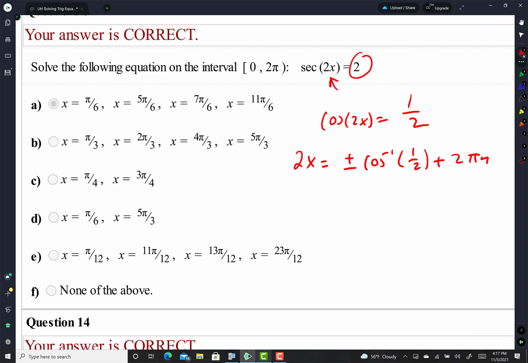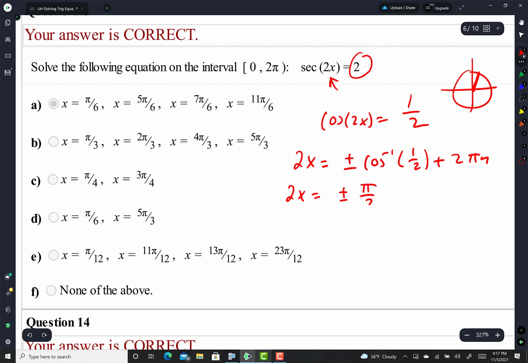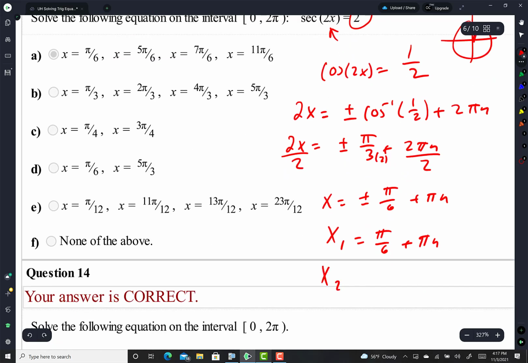So where is cosine a half? The very first one is at pi over 3. So 2x equals plus minus pi over 3 plus 2 pi n. So I'm going to divide by 2, divide by 2, divide by 2. So x equals plus minus pi over 6 plus pi n. So that's going to give me all the pi over 6's: the positive pi over 6 plus pi n and the negative pi over 6 plus pi n.